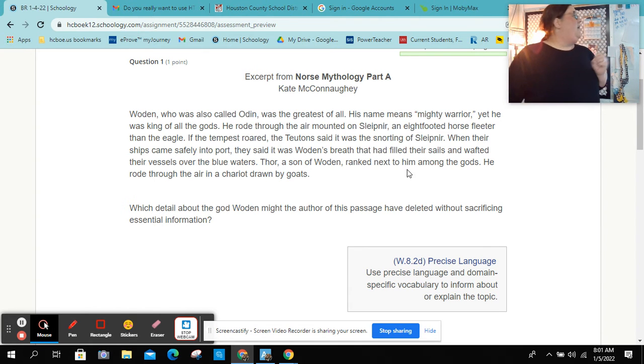Okay, so let's read it first. Woden, who was also called Odin, was the greatest of all. His name means mighty warrior, yet he was king of all gods. He rode through the air mounted on Sleipnir, an 8-footed horse, fleeter than the eagle. If the tempest roared, the Teutons said it was the snorting of the Sleipnir.